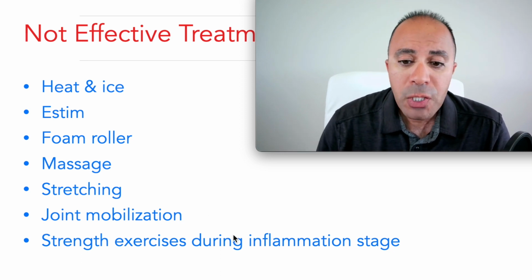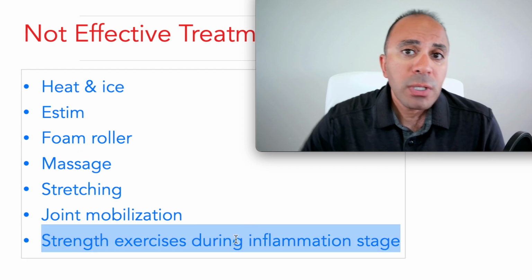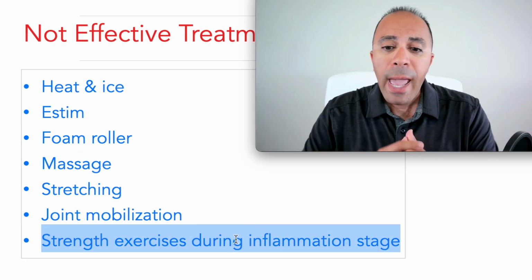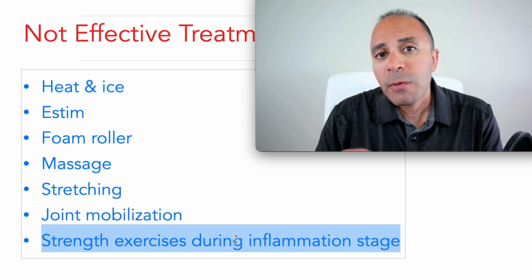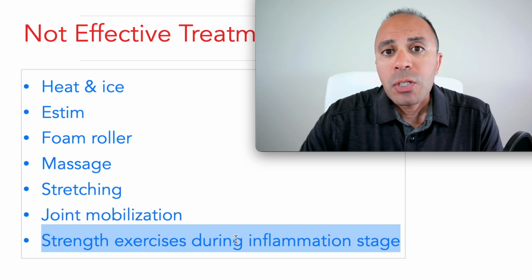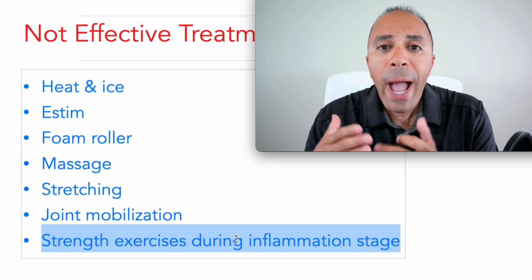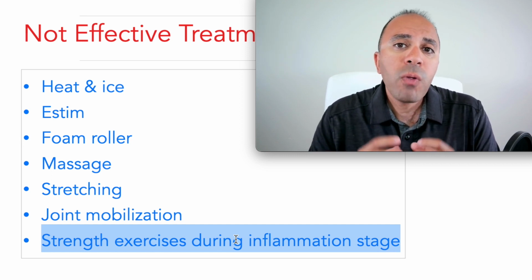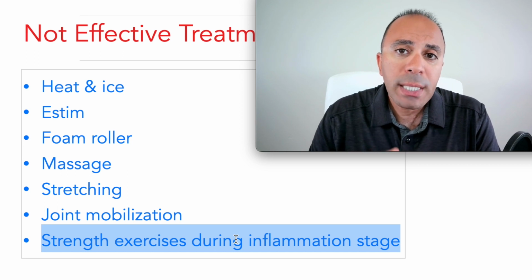The other thing commonly used is strengthening exercises. The problem with that is if you do it during the inflammation stage, it's going to inflame it more. There is a much more effective way to actually strengthen your muscles. It's called function training, core stabilization.